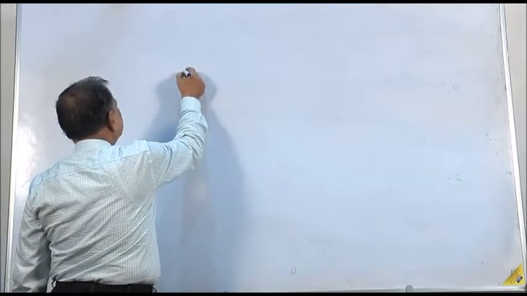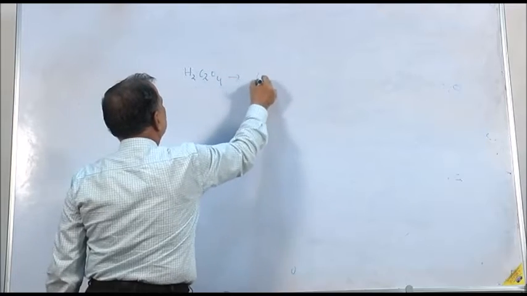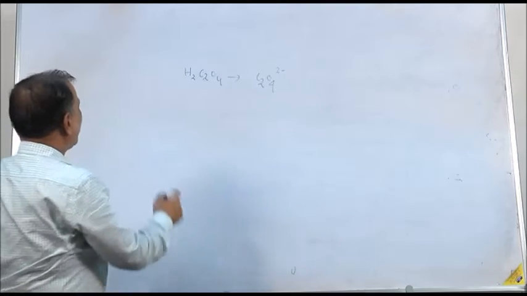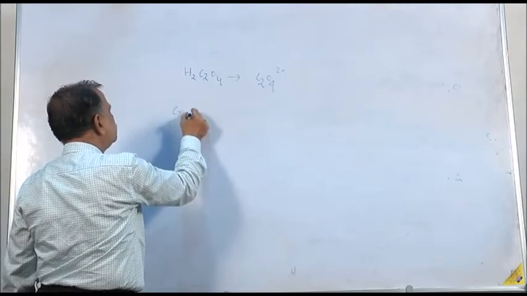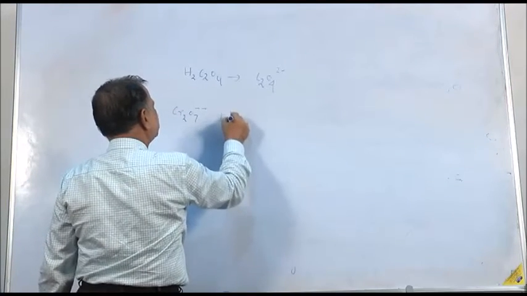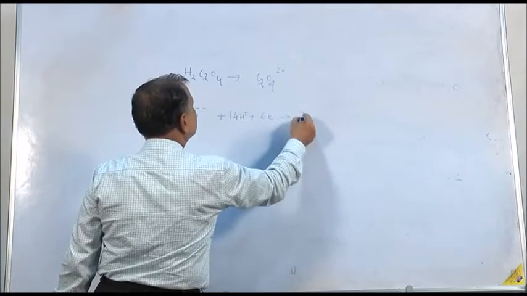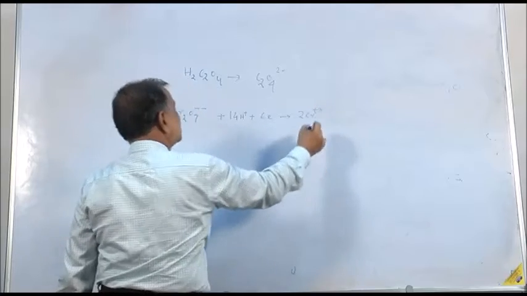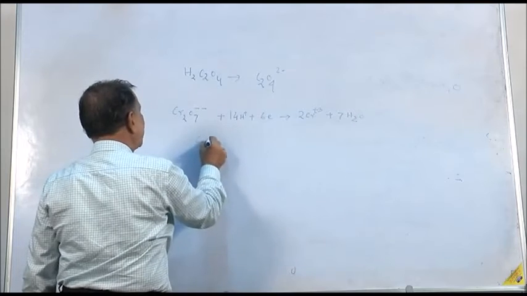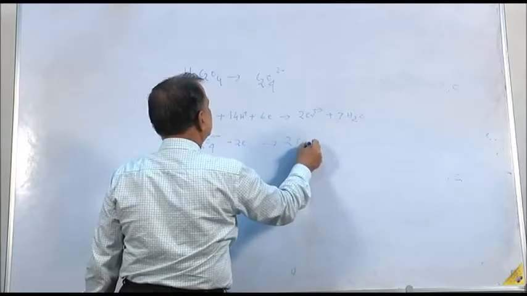Oxalic acid formula is H2C2O4, that is C2O4 2-. We may write Cr2O7 2- plus 14H plus plus 6 electrons gives 2Cr3+ plus 7H2O, and C2O4 2- minus 2e forms 2 carbon dioxide.